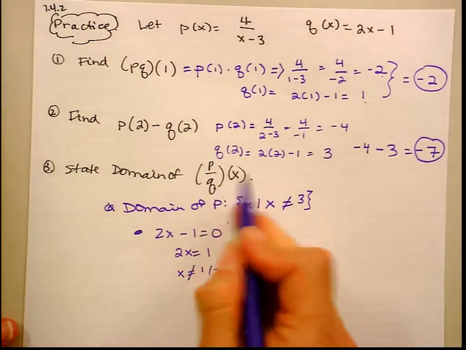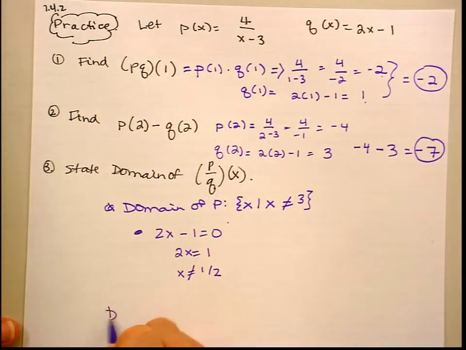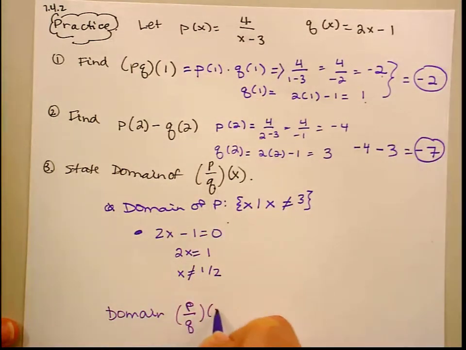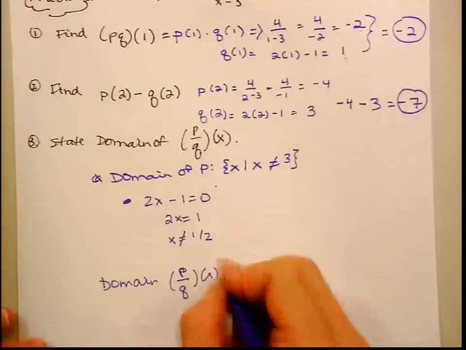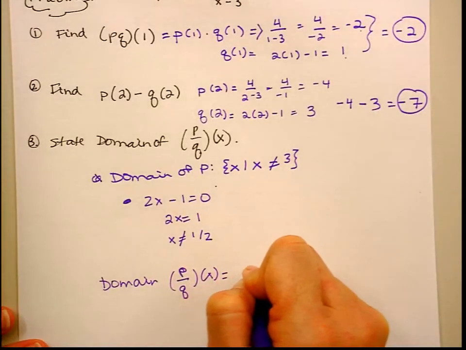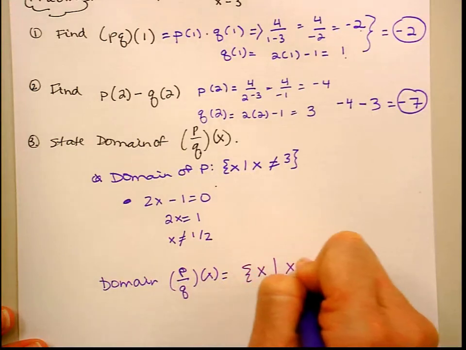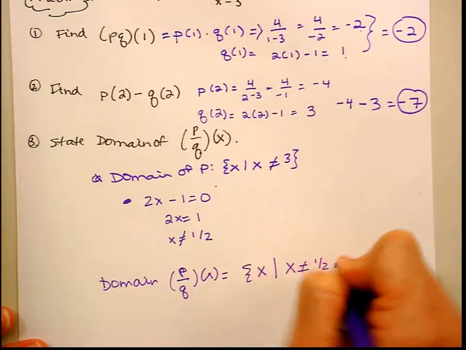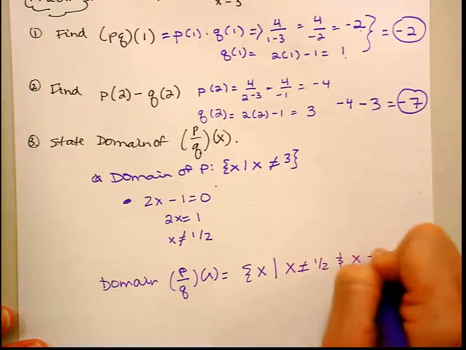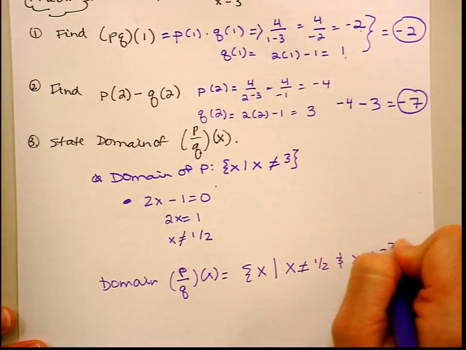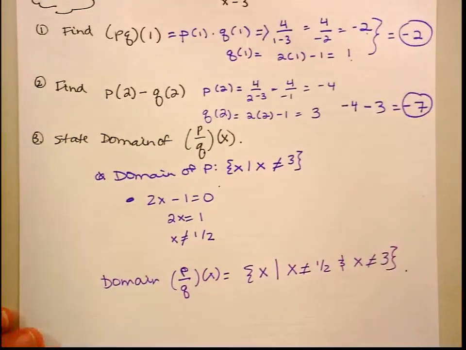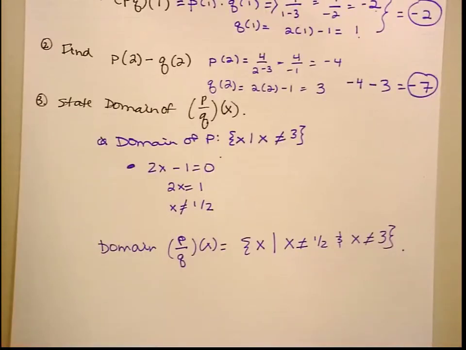So the domain of the quotient, p over q, is, let's see, how about the set of all x's such that x is not 1/2 and x is not 3. Okay, the algebra of functions.